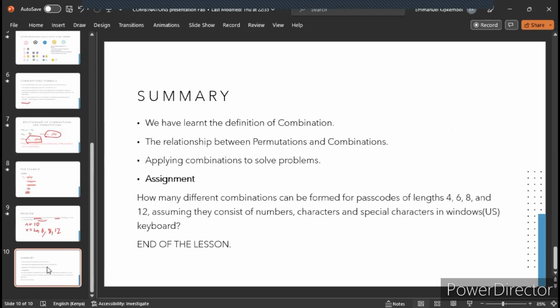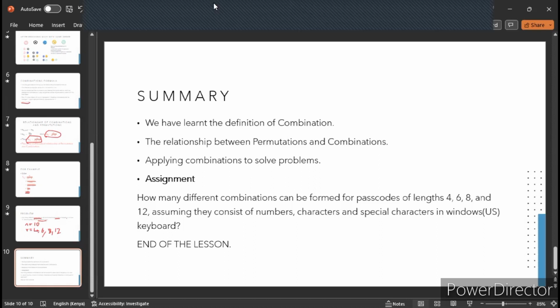So lastly, we look at a summary, and I want you to tell me what you have learned through this lesson. Who can tell me the definition of a combination?